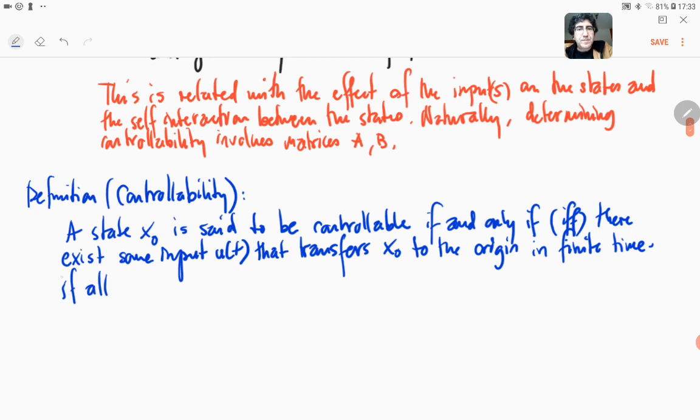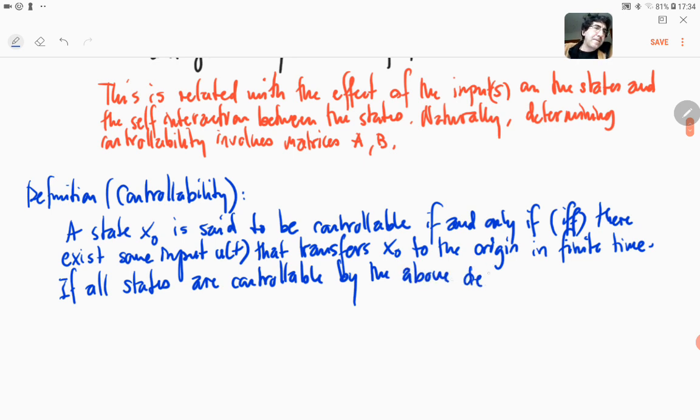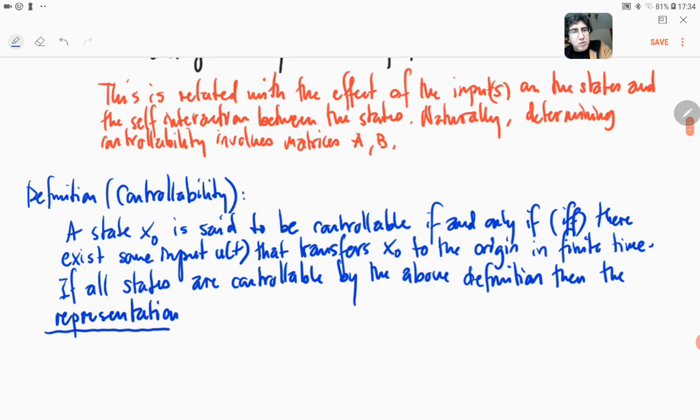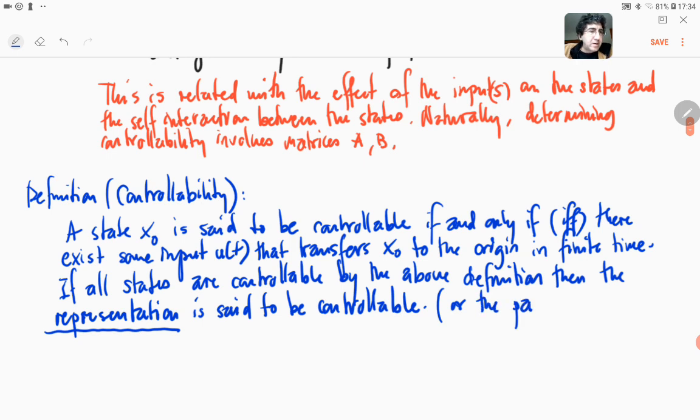If all states are controllable by the above definition, then the representation, and representation is also an important keyword here, is said to be controllable. Or the pair (A, B) is controllable.